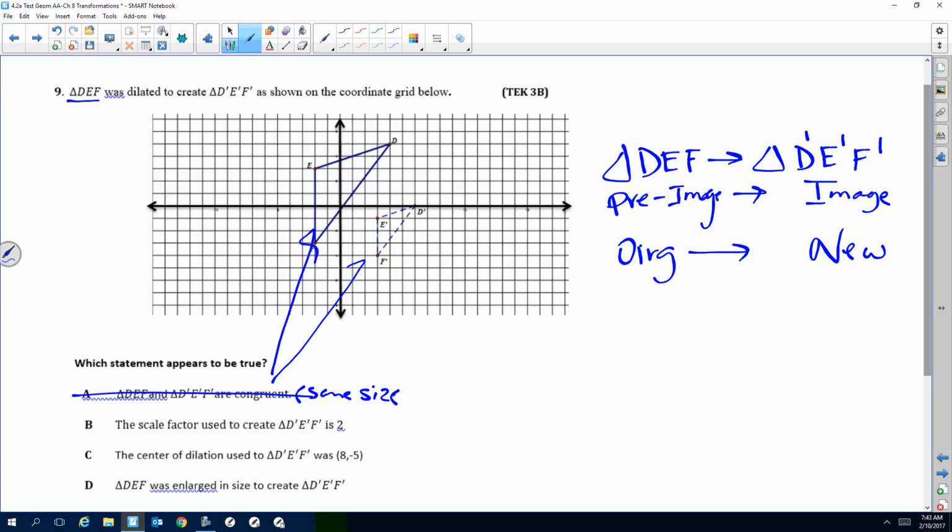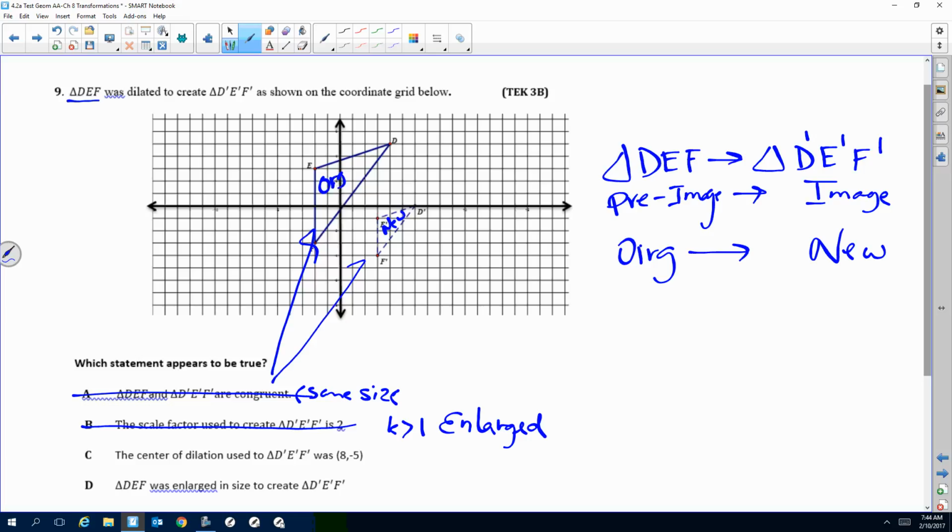The scale factor used to create the triangle D prime, E prime, F prime is 2. Well, if the scale factor is greater than 1, then that means it's enlarged. Okay? Well, does it look like my original to my new is getting bigger? No, that doesn't work. The center of dilation is used to create at 8, -5.